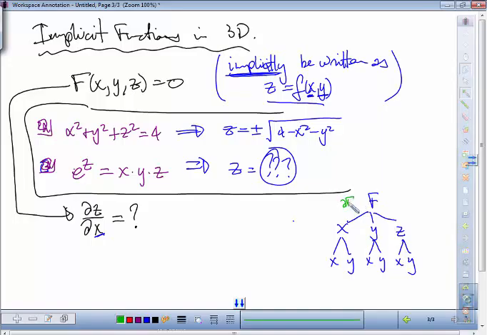So we have the partial of f with respect to x and the partial of x with respect to x. The partial of f with respect to y, and then the partial of y with respect to x. Partial of f, this is all capital F, with respect to z, the partial of z with respect to x. So those are my different components that I have to deal with.